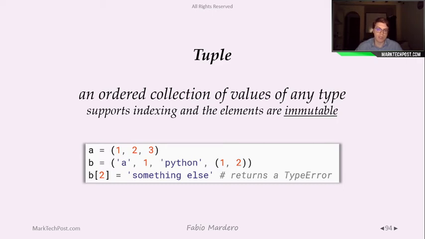Also, since strings are a particular type of tuple, in order to access the third character inside a string, you use the same notation here. But again, strings are immutable, so you cannot redeclare a part of that string.